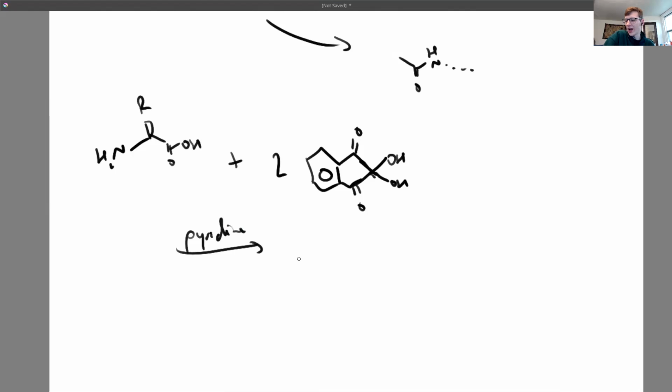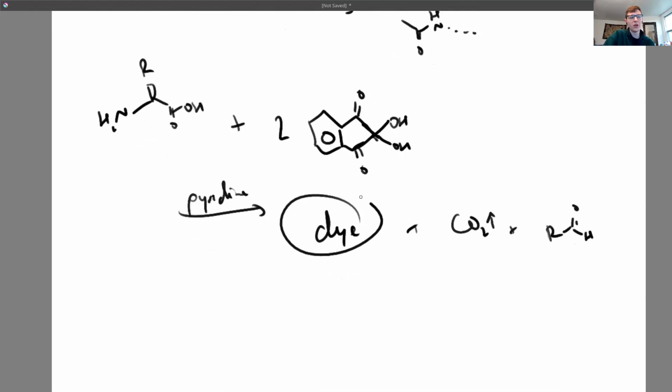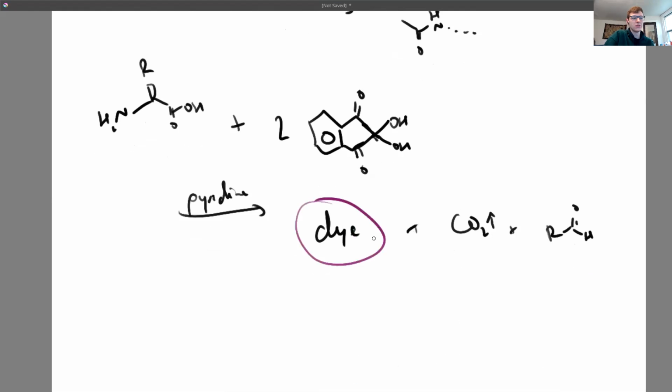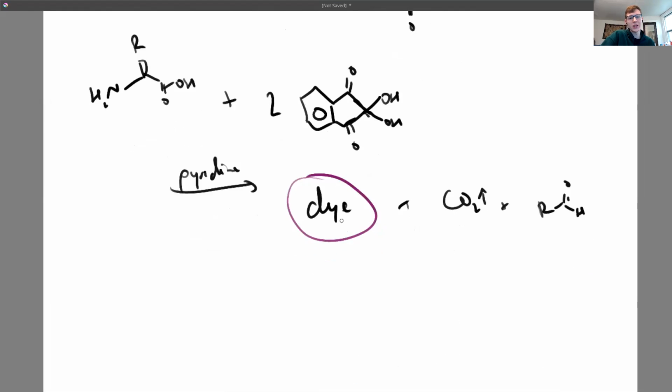And the point is you get this dye at the end, and then you get CO2 gas plus an aldehyde. Okay, cool, right? And so the main point is that you get this dye. In fact, the dye is purple. So, very cool.